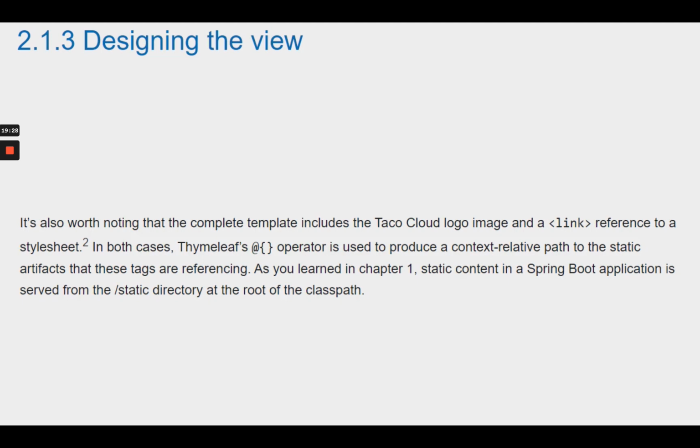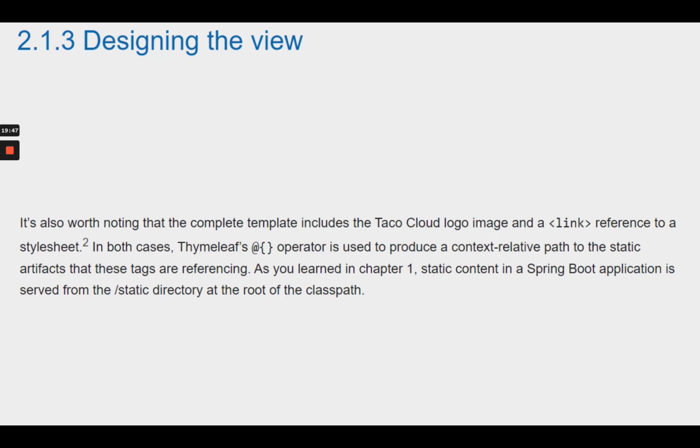It's also worth noting that the complete template includes the Taco Cloud logo image and a link tag reference to a style sheet. In both cases, Thymeleaf's @{} operator is used to produce a context-relative path to the static artifacts that these tags are referencing.